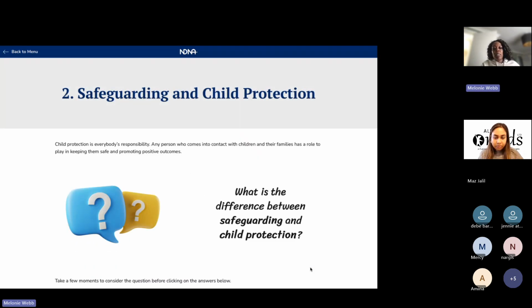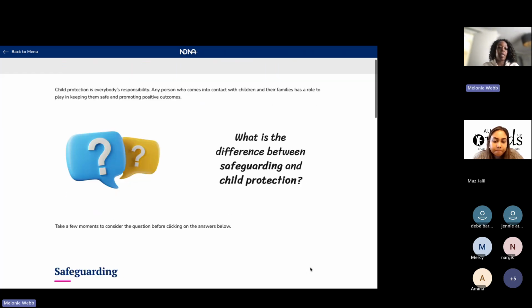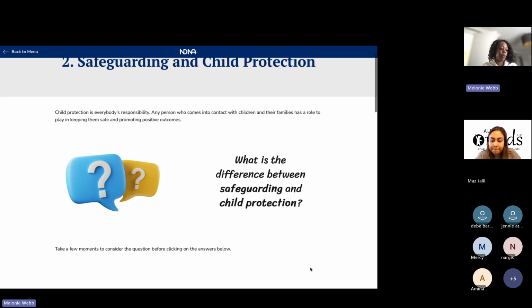So, what is the difference between safeguarding and child protection? Child protection, as we know, is everybody's responsibility. So anyone who comes into contact with children and their families has a duty to keep them safe and promote positive outcomes. Just have a little think about what the difference is between safeguarding and child protection, and then you can have your mics off and we will go through together.